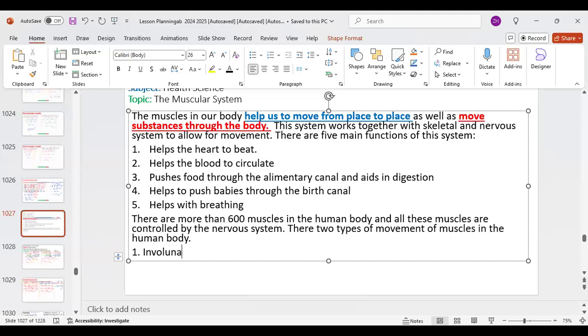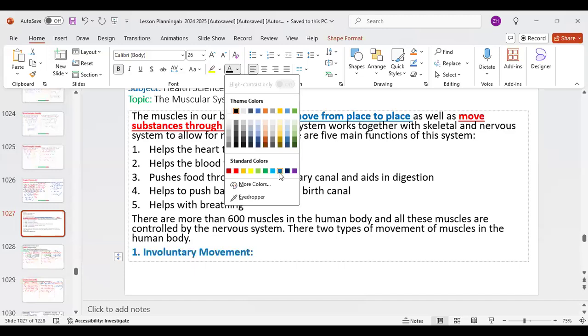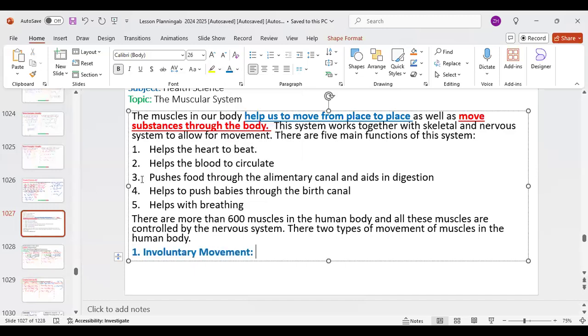Now, what do we mean by involuntary? Movement that you cannot control. That's what I mean by involuntary. You cannot control it, right? That's what I mean by involuntary movement.